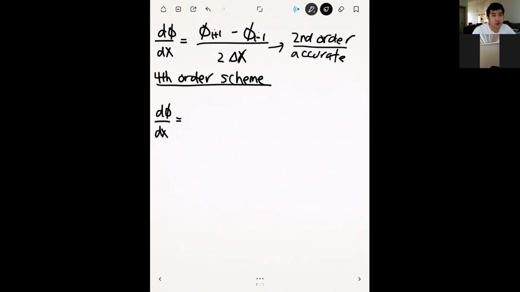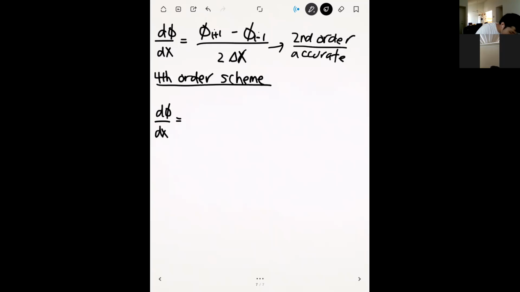And so what the fourth order scheme is going to do is take our derivative and approximate it with a higher level of accuracy. And the way it's going to do that is it's going to pull information from neighbors that are even farther away. Okay, and I'll show you what I mean by that. So the formula is given by this.